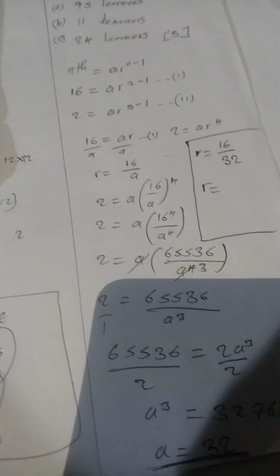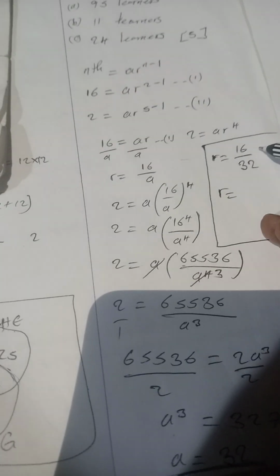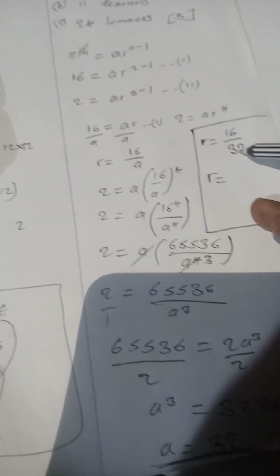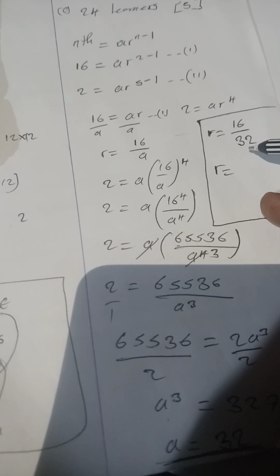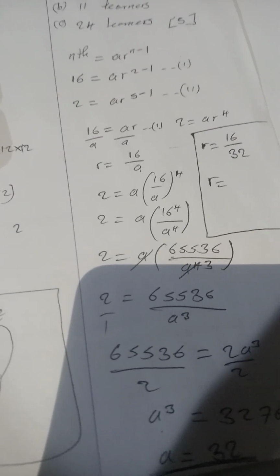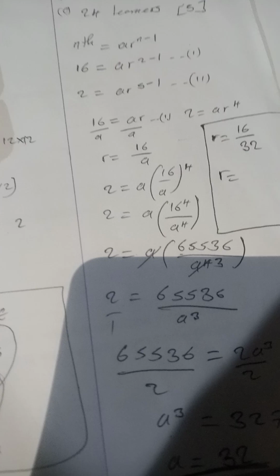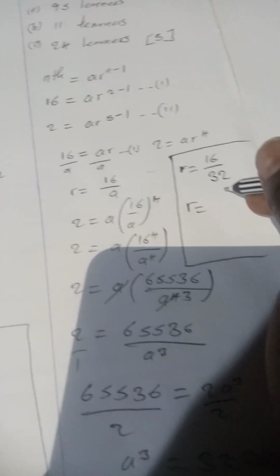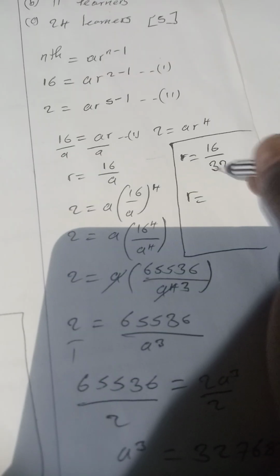Okay, after substituting, we are going to say, is there any number that can enter into 16 and 32? Think. Okay, yes, there is a number that can enter into 16 and 32.